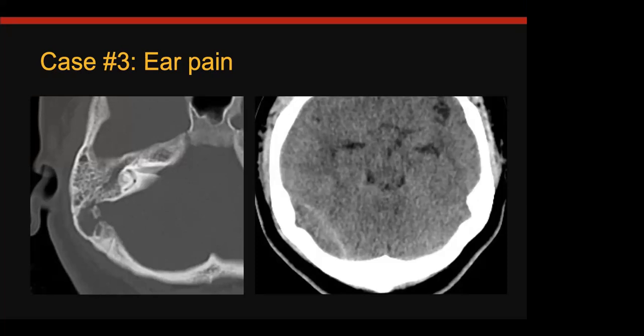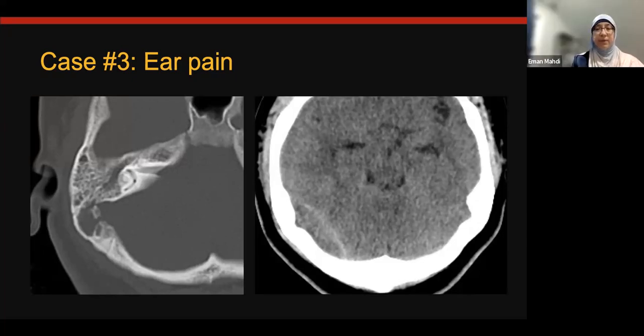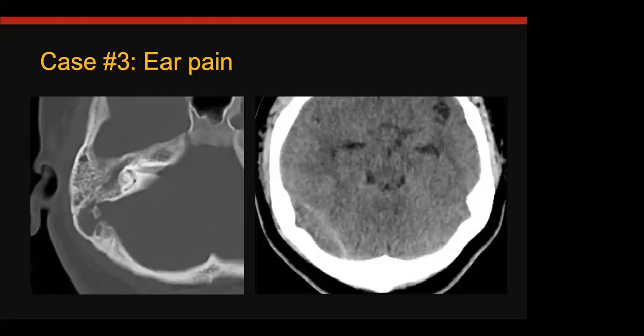Just to comment, the absence of the external auditory canal, maybe this could be just part of the cut. With the other CT, it looks like a subdural hematoma. It could be trauma, but I don't see fracture lines. Okay. That's it. Thank you.